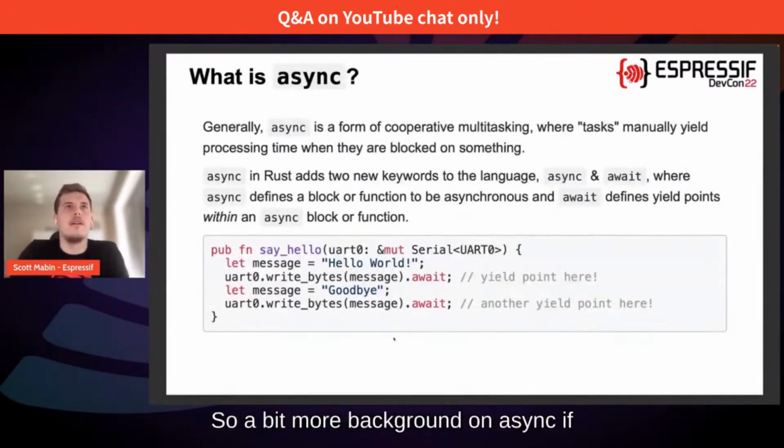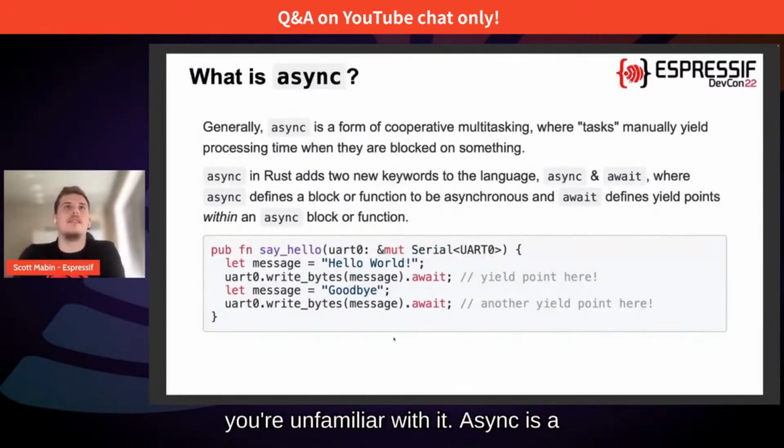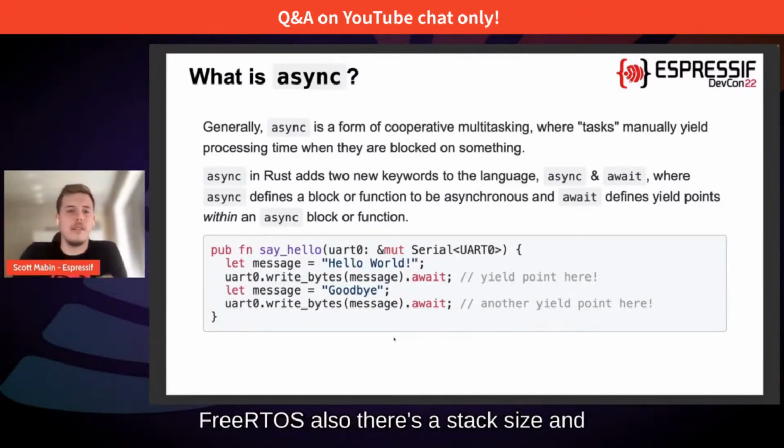So a bit more background on async if you're unfamiliar with it. Async is a form of cooperative multitasking where tasks, and I've put tasks in quotes here to not be confused with FreeRTOS tasks, which are essentially threads. Because obviously in FreeRTOS there's a stack size and the scheduler will swap out the threads. This is not the case with async.